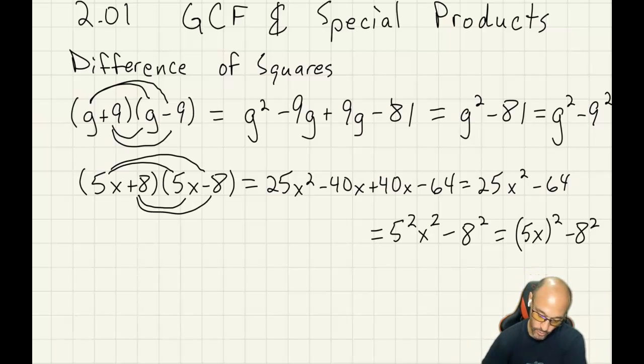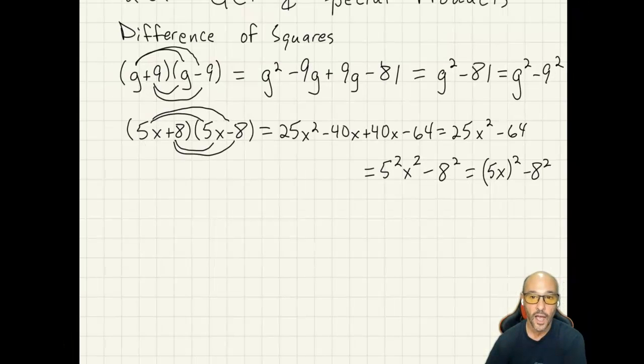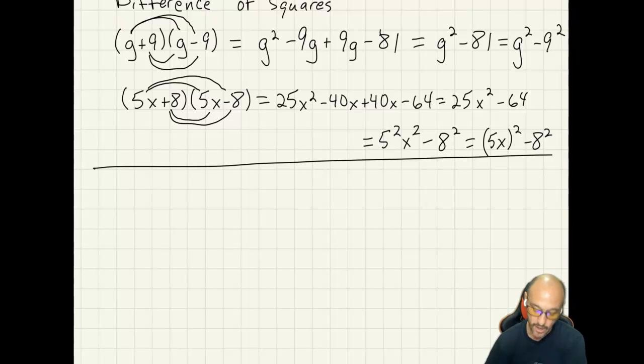So it might be useful for just a moment to talk about the square numbers, perfect squares. So if you think about it, a square is when we raise something to the second power.